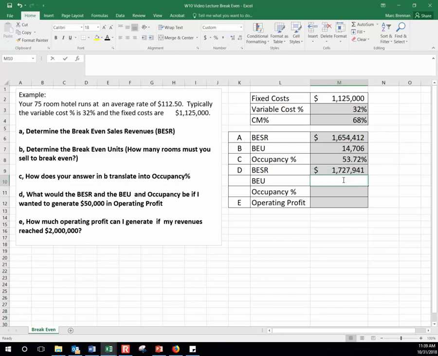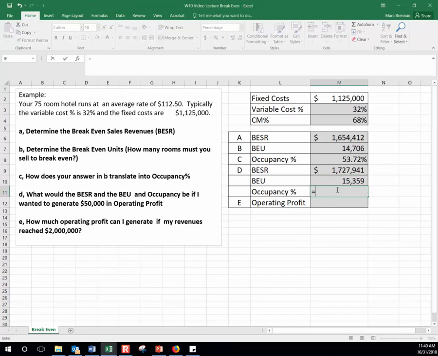And then we can do the same thing where we can go, okay, $1,727,941 divided by the rate that we're going to have for each room, $112.50. That should tell me how many rooms that represents. So in order to make this revenue, with this rate in mind, I need to sell 15,359 rooms.